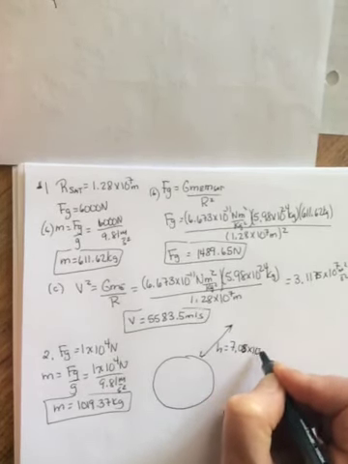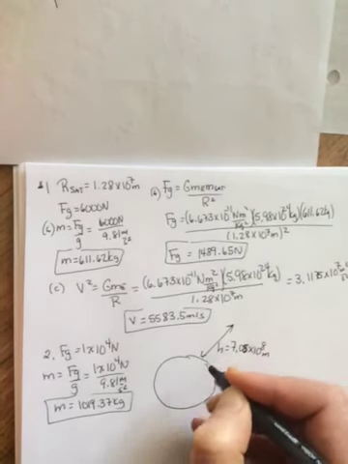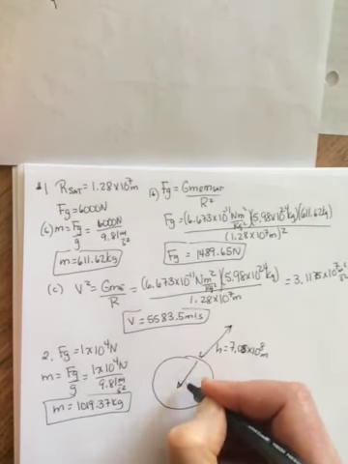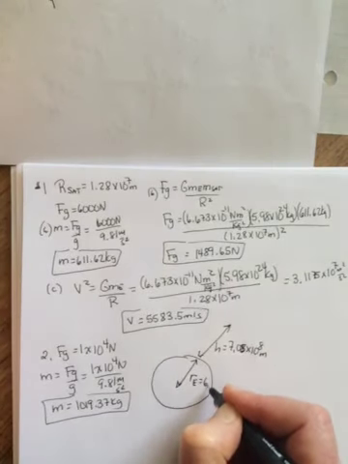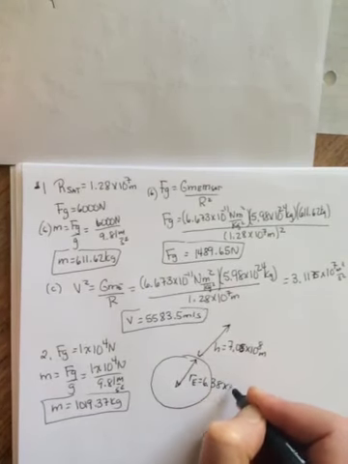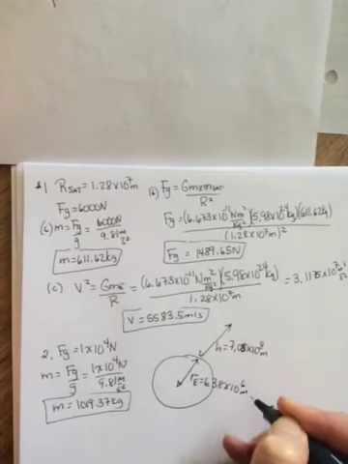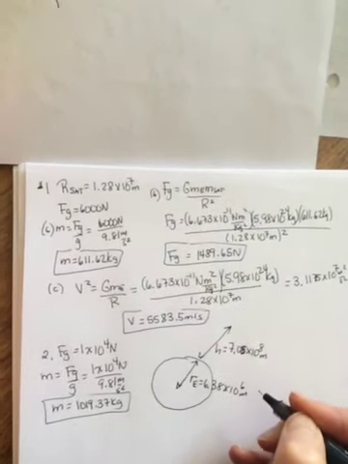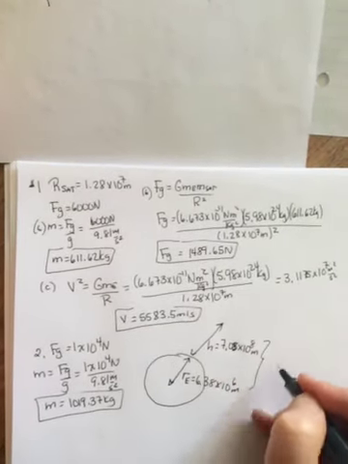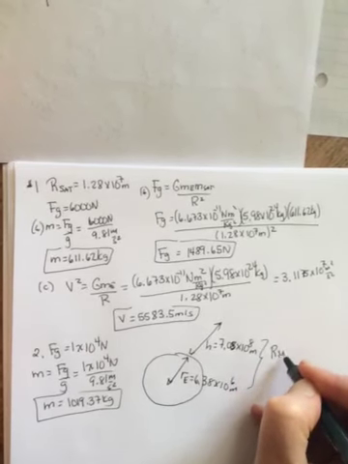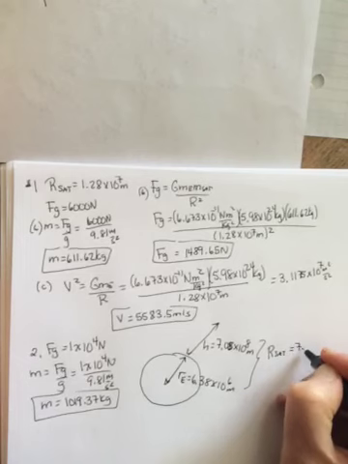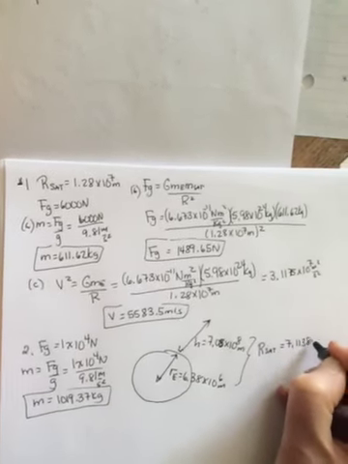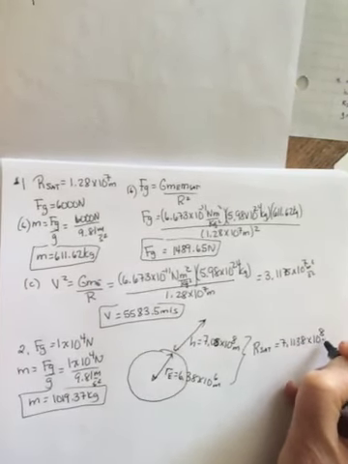And so to get our radius, you need to add that to our radius of the Earth, 6.38 times 10 to the 6 meters. Okay? And so when you do this, the radius of the satellite should end up being 7.1138 times 10 to the 8th meters.